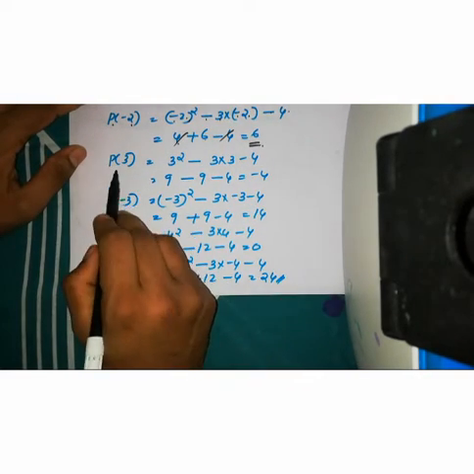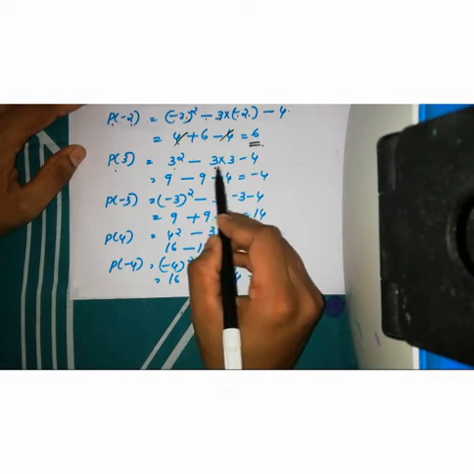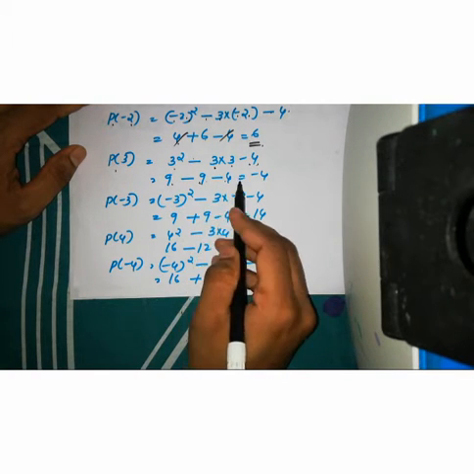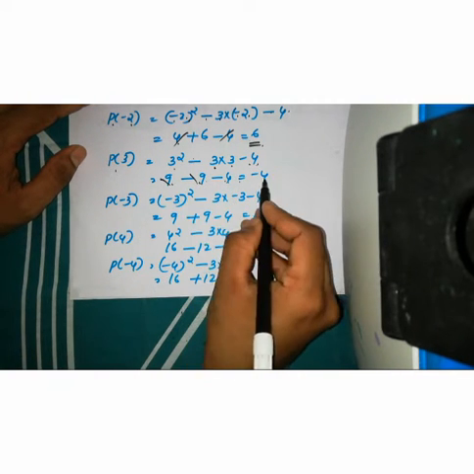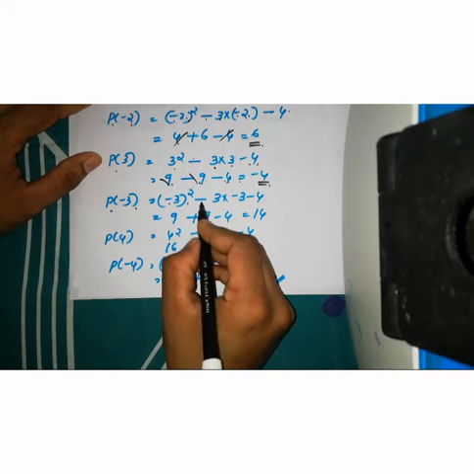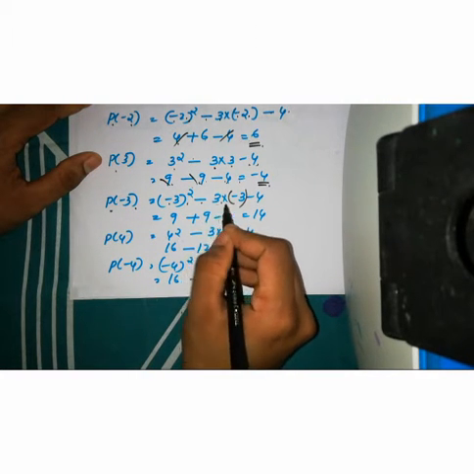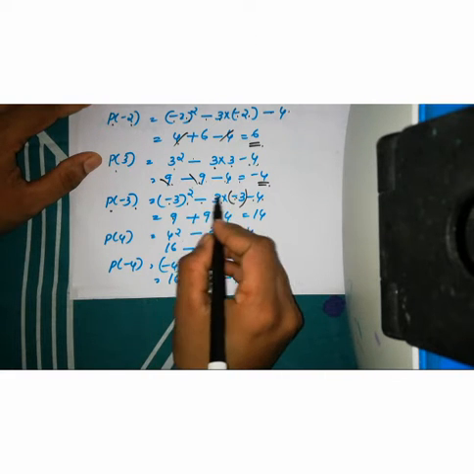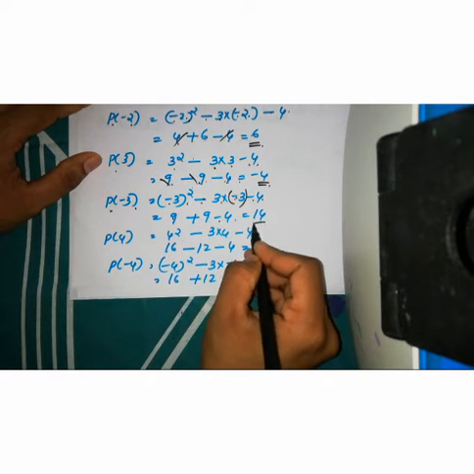Then p of 3 is 3 square minus 3 into 3 minus 4, that is 9 minus 9 minus 4, we have minus 4. P of minus 3, that is minus 3 the whole square minus 3 into minus 3 minus 4, that is 9 plus 9 minus 4, that is 14.